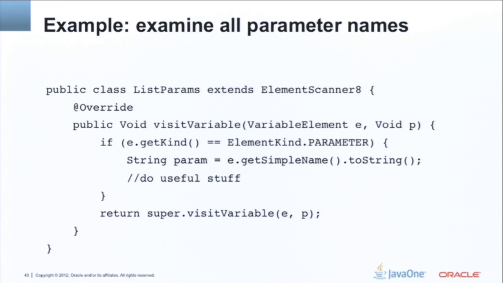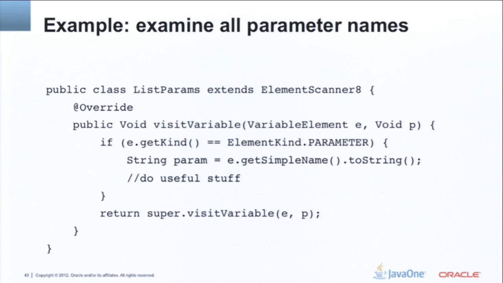So I just override visitVariable, and that will get called both for parameters and possibly something more. So I override visitVariable, and that gets called on every variable, and then I just do a query.